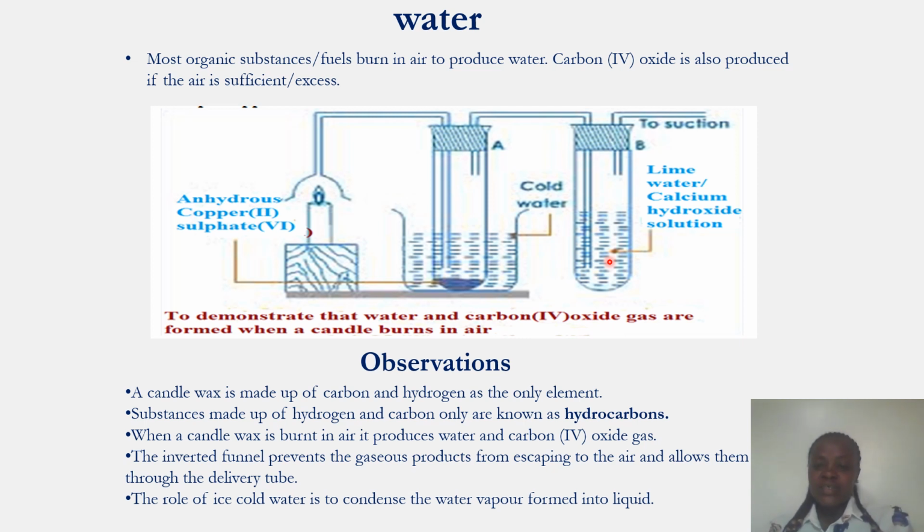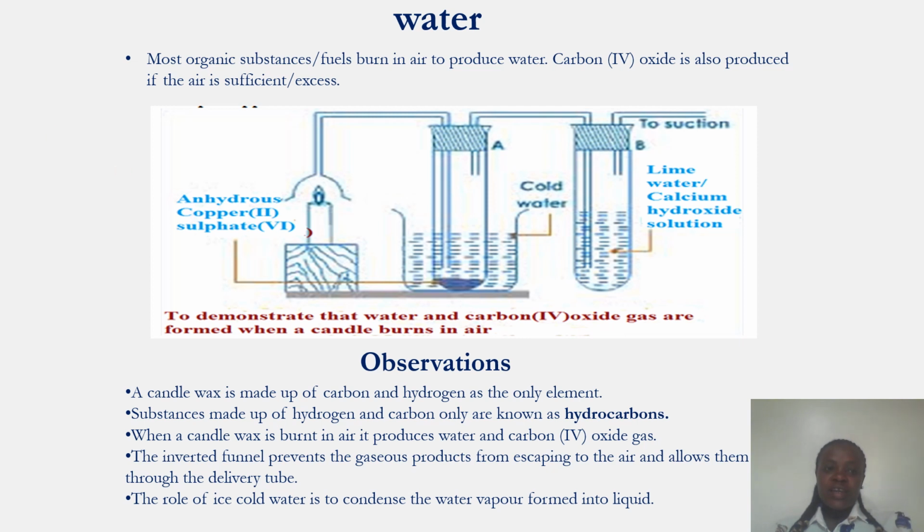It's white, it's a solid, so it proves that whatever is formed is insoluble. So there will be formation of white precipitate here, and then again the excess carbon dioxide will be removed by the pump. So it will be removed to the suction pump to prevent it from flowing back.